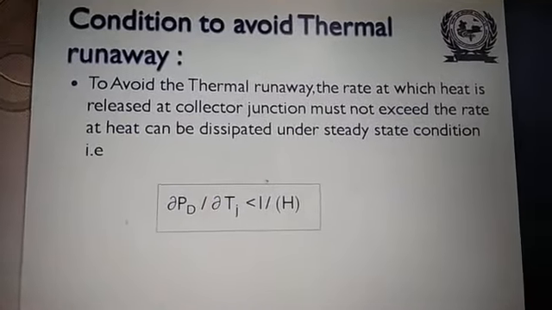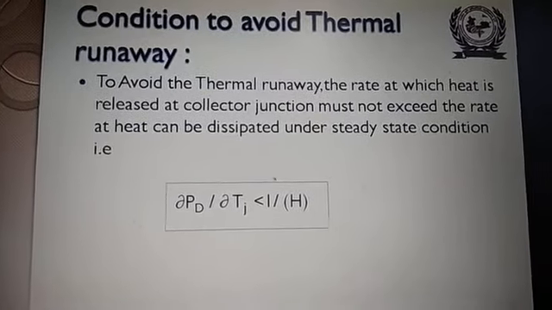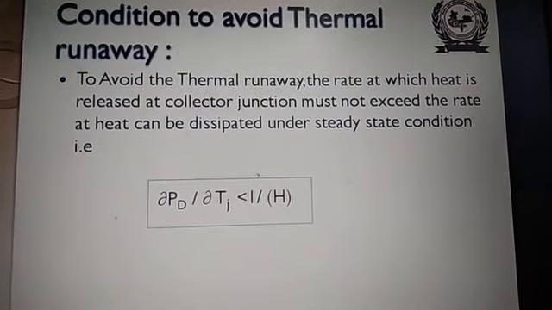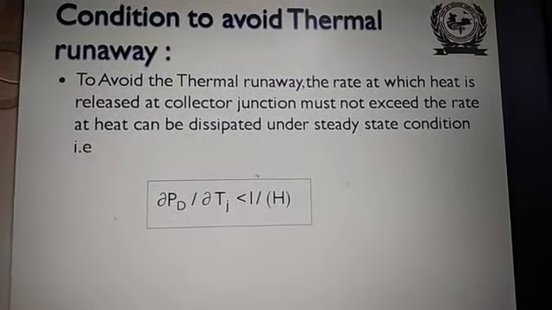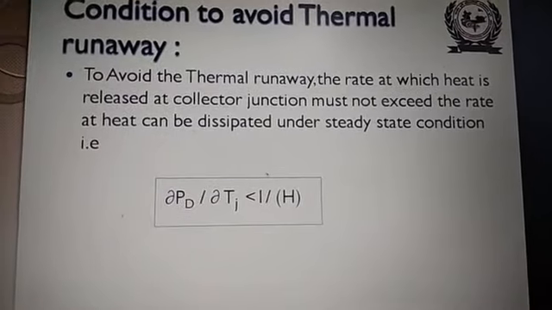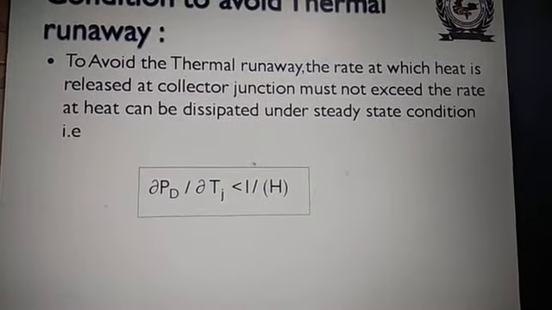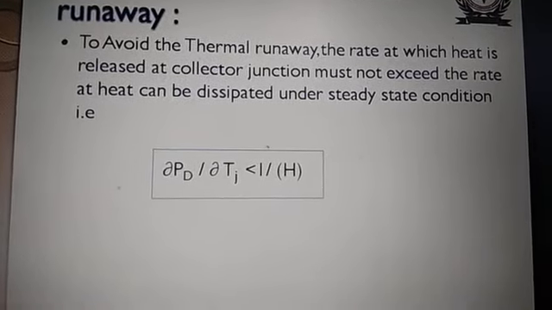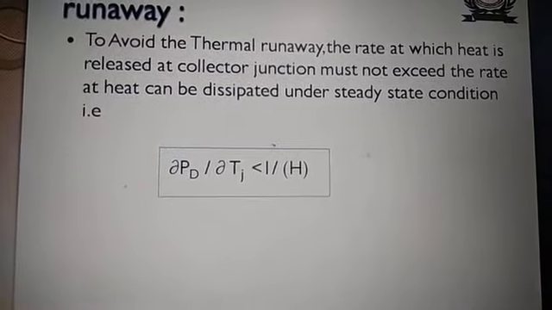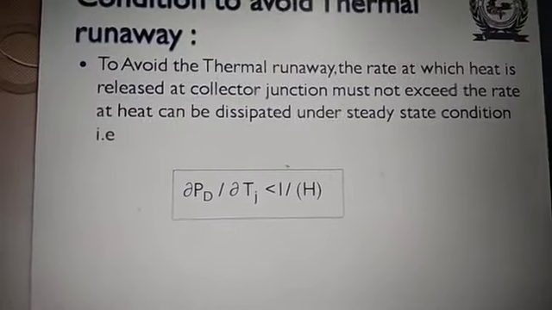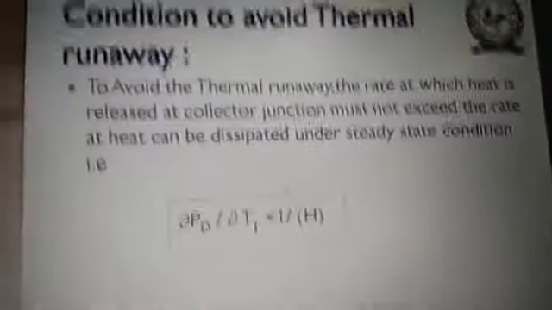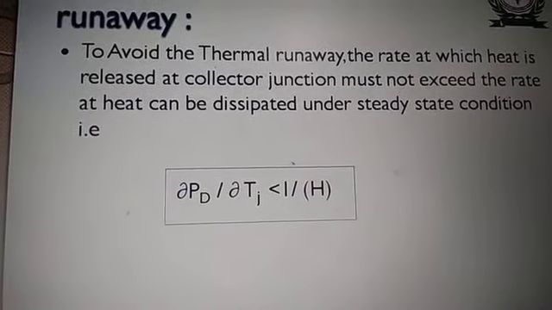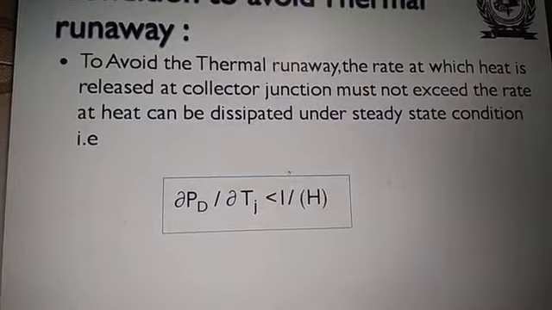To avoid the thermal runaway, the rate at which heat is released at the collector junction must not exceed the rate at which heat can be dissipated under steady state condition. And mathematically it is given by del Pd upon del Tj should be less than 1 by H.